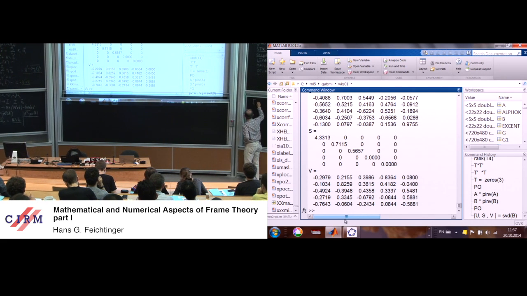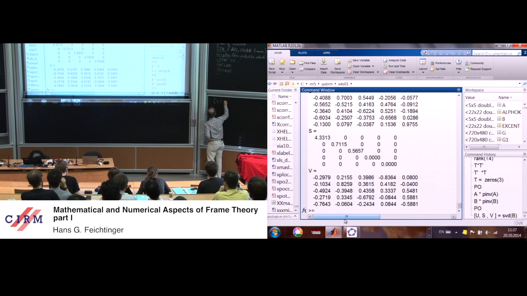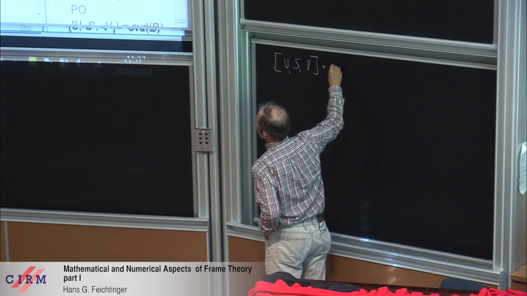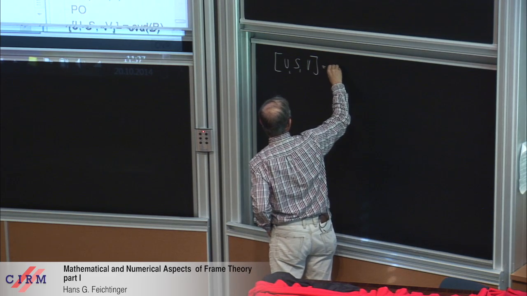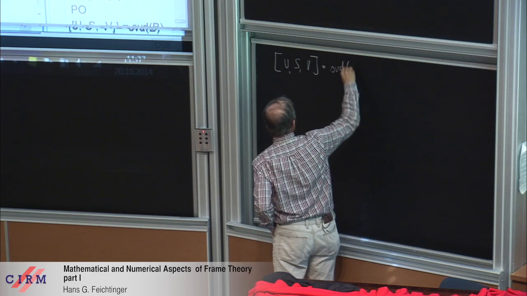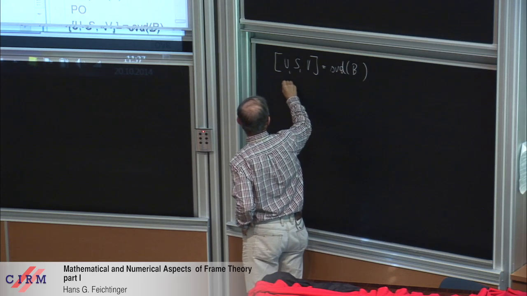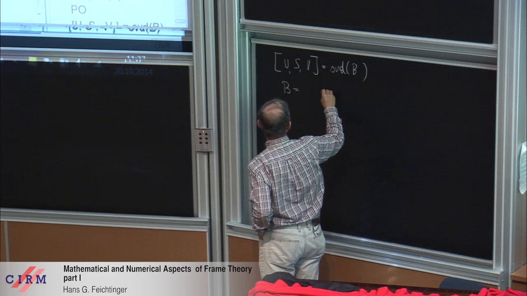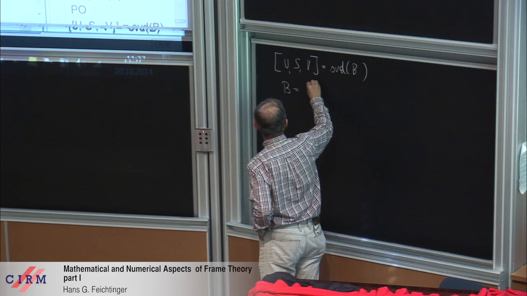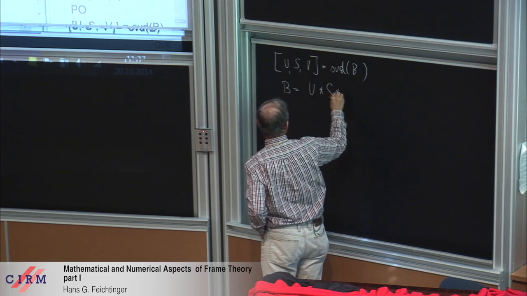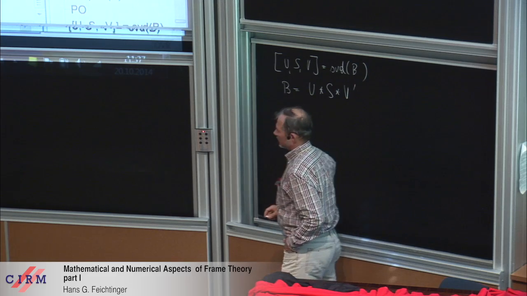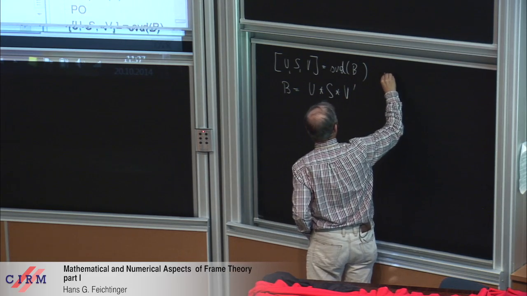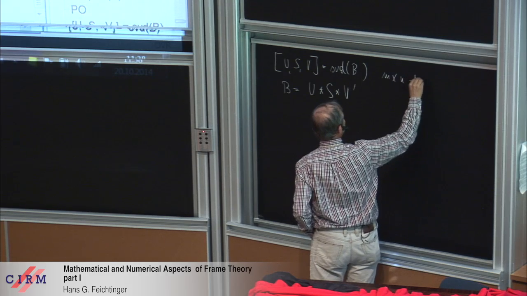So the call is U S V equals the matrix. In our case it was B, or SVD of B, means that you are getting a representation of the form that you write it as U with S with V prime. Now, where U and V, so maybe this is an M by N matrix.